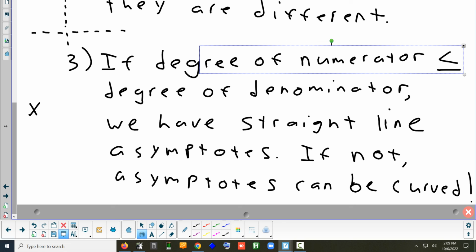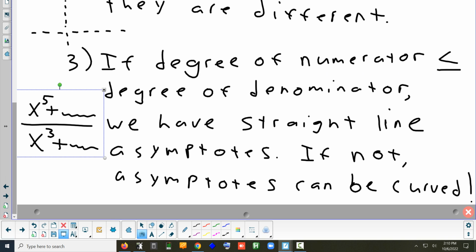So if I had something like x to the 5th and a bunch of stuff, then an x cubed and a bunch of stuff, what's the difference between the degree in the top and the bottom there? 2. That's a difference of 2.